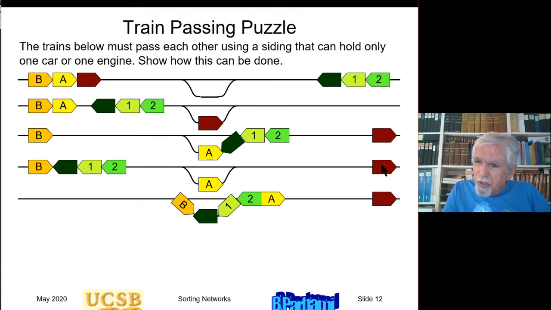Basically, you push the brown engine to the right and leave it there, and the green train takes the cars from the other train one at a time, pulls them into the siding, goes to the other side, pulls the next car into the siding while pushing this one out, and repeats this process until all the cars of this train have been pushed to the other side, and then it can continue on its way, and the other train can continue on its way.